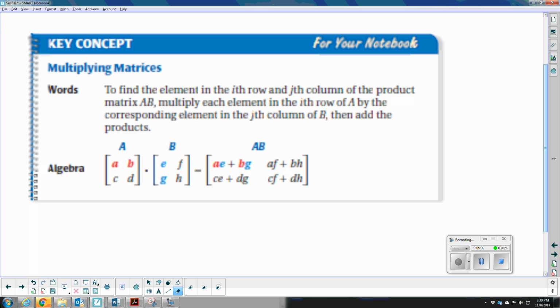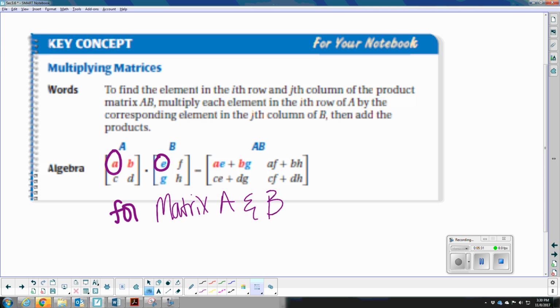We're always going to start, for both matrices, in the first row, first column. So for matrix A and B, start in row 1, column 1.